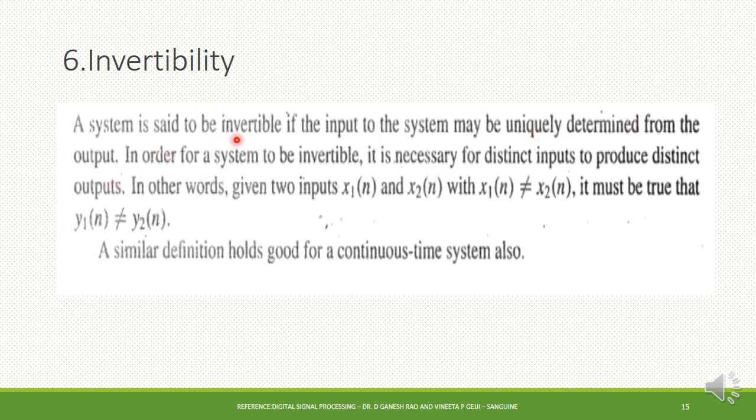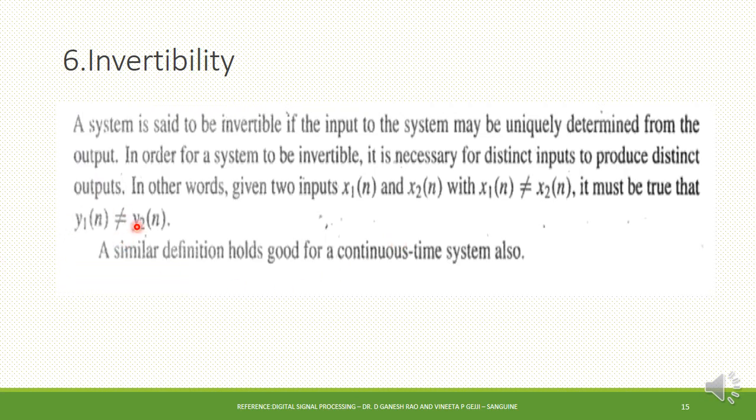A system is said to be invertible if the input to the system may be uniquely determined from the output. In order for a system to be invertible, it is necessary for distinct inputs to produce distinct outputs.